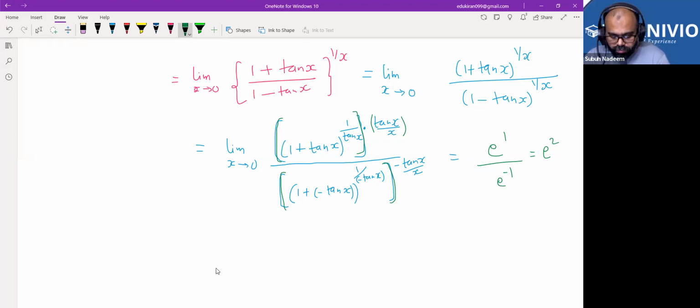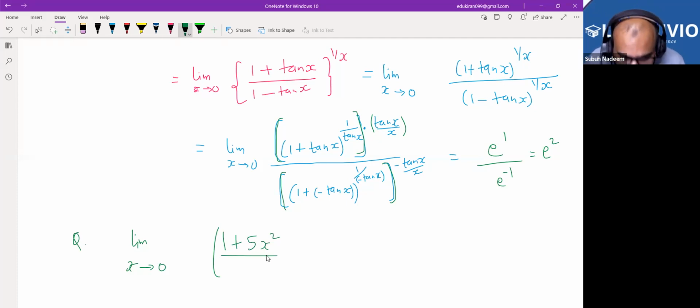One more question based on this formula we can do. Limit x approaching 0, (1 plus 5x square) by (1 plus 3x square) to the power 1 by x square.